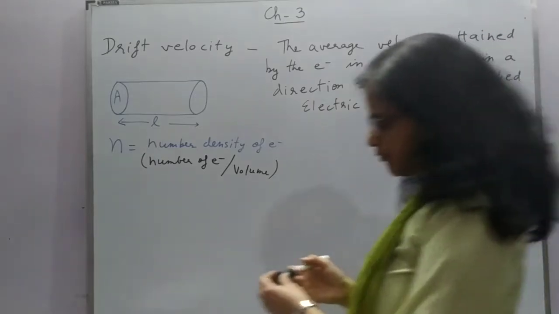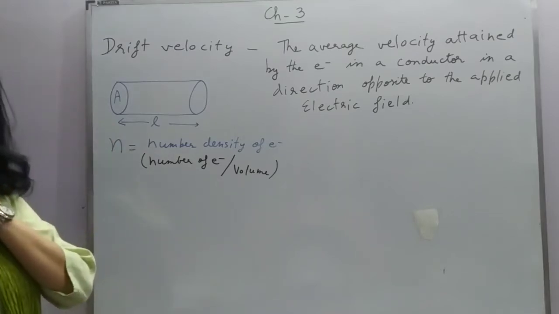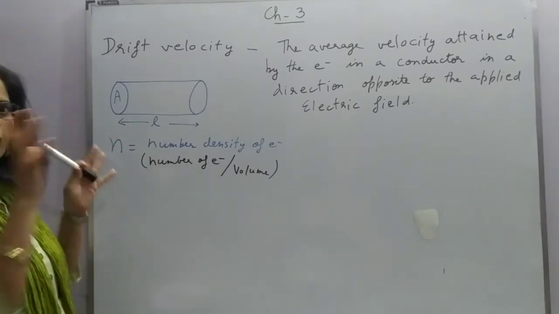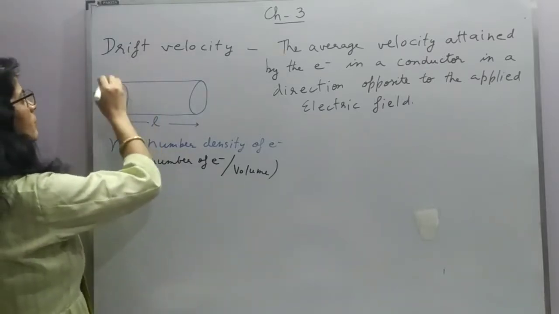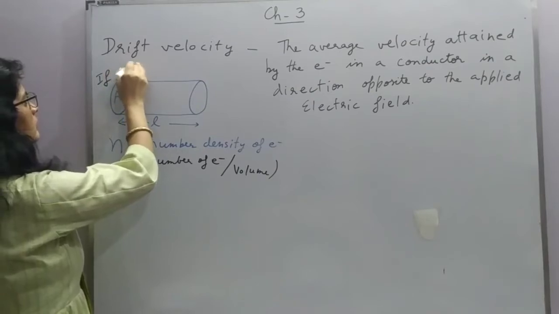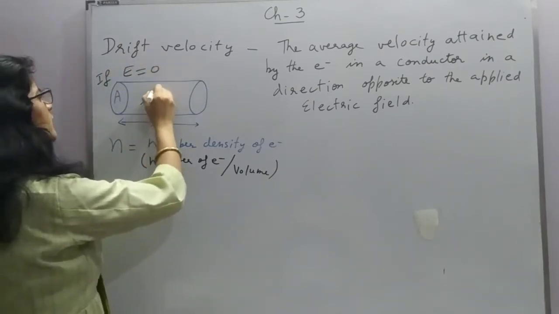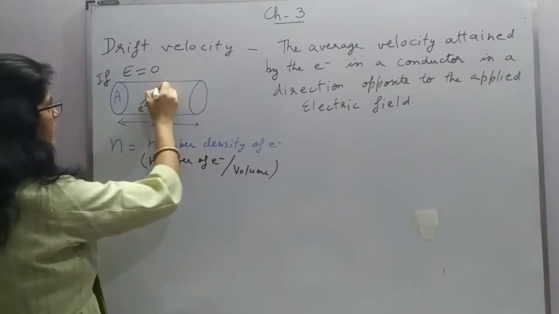Right? Now for this, we know that when electric field is not applied, the free electrons are randomly moving in all the directions. So when no electric field is there, the electrons will randomly collide with one another and the ions, right?